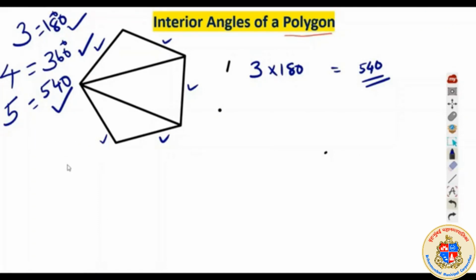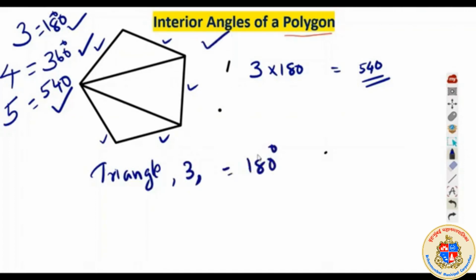Some equation can be developed. The basic understanding is that a triangle, which is 3-sided, always has an interior angle sum of 180. That is our knowledge. 180, and 180, 360, 540. The difference is 180 degrees each.